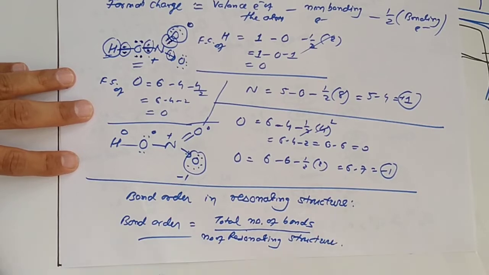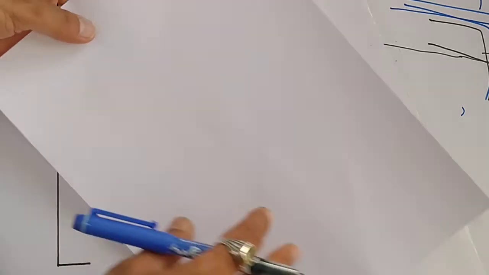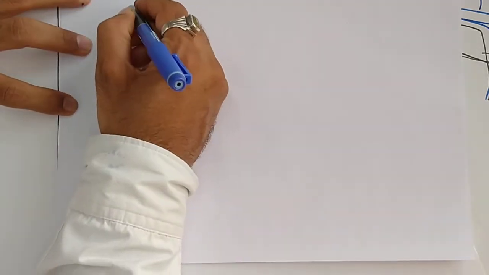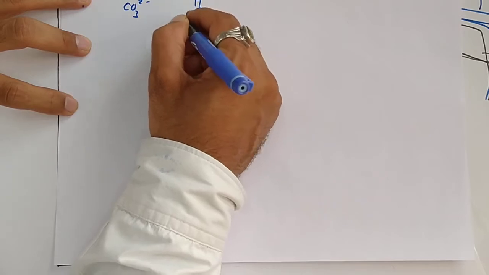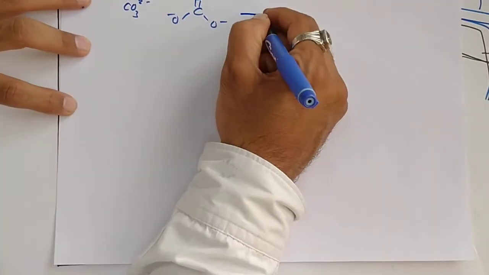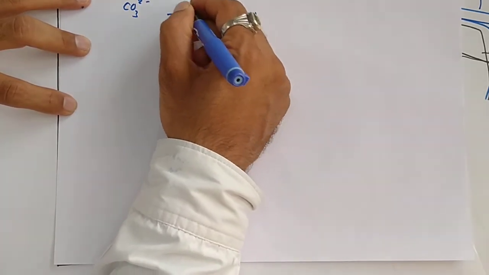Now the next point. I am giving you examples, and one by one we will discuss them. In the carbonate, carbon, oxygen, oxygen. This is your carbonate. 2 electrons are coming here, so these 2 come here.